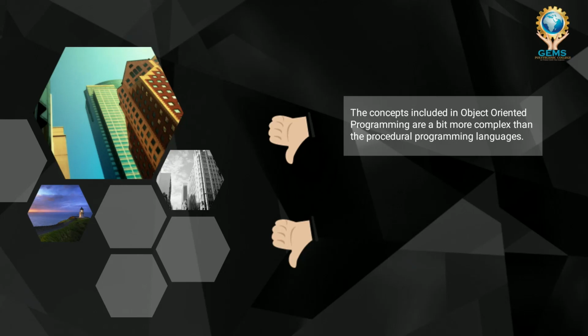It has more complexity than a procedural programming language. All of you know about the C language, but C is a procedure-oriented language, whereas Java is object-oriented programming. If you compare procedure-oriented programming to object-oriented programming, there is a little bit more complexity in the language.